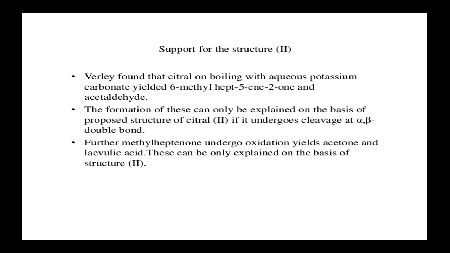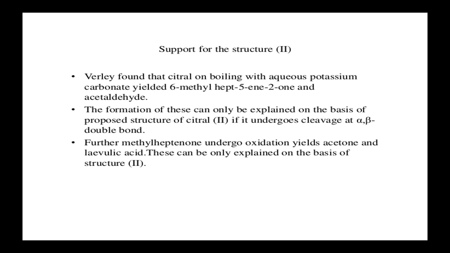Now we have to confirm which structure is correct. This slide shows support for structure 2. Among the two structures, structure 2 is correct for citral. It was found that citral on boiling with aqueous potassium carbonate yields 6-methylhept-5-en-2-one and acetaldehyde. The formation of these can only be explained on the basis of proposed structure 2 of citral, if it undergoes cleavage at the alpha-beta double bond.